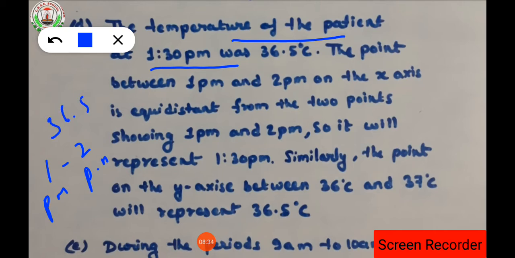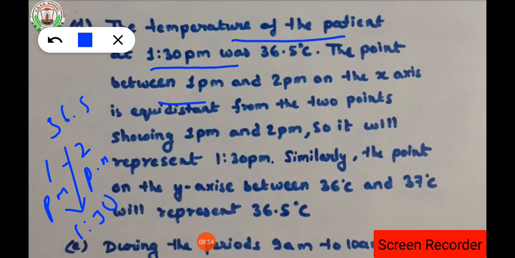Constant means it is the same at 1 p.m. as well as at 2 p.m. The temperature is 36.5. So in between, 1:30 will be there. In between the timing 1:30, of course, the temperature will remain the same, isn't it? So at 1:30 the temperature of the patient will remain the same, that is 36.5 degree centigrade.